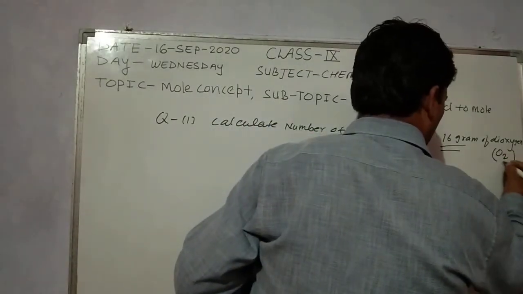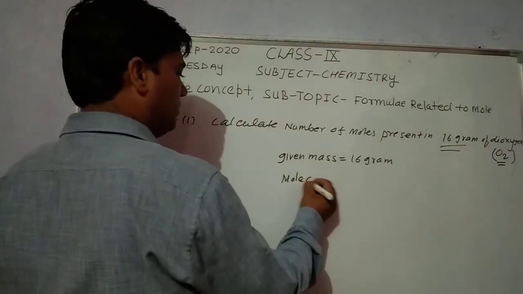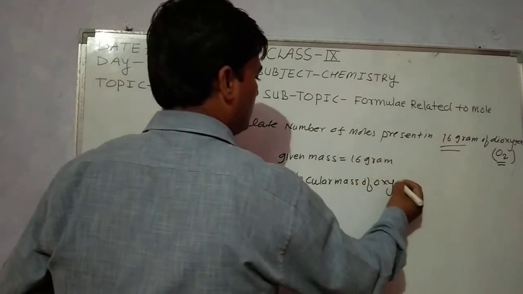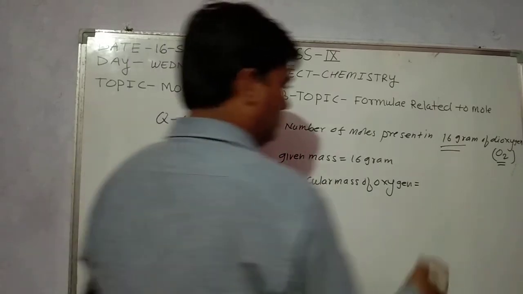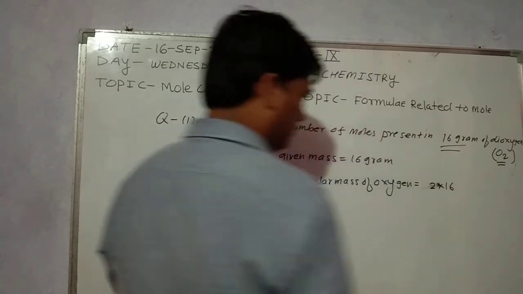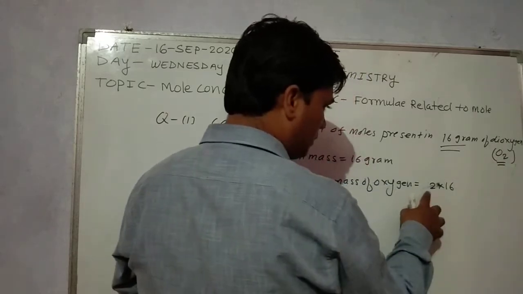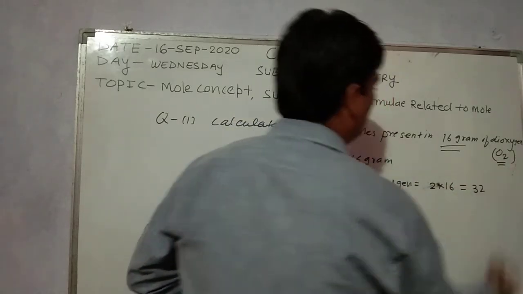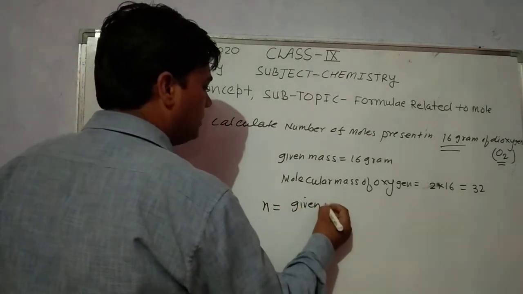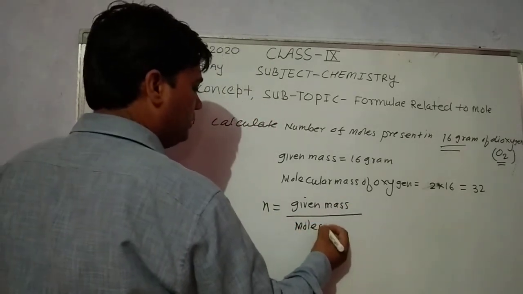Dioxygen means it is a molecule. So the molecular mass of oxygen is equal to 2 into 16, because the atomic mass of oxygen is 16 and the number of atoms is 2, so 2 into 16, that is 32. So number of moles is equal to given mass divided by molecular mass of oxygen.